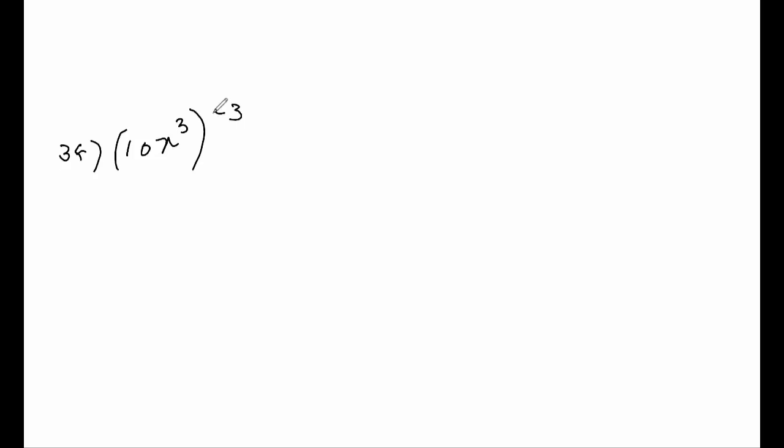Now here again, I'm going to use my negative exponent rule, and that will tell me that one way to look at it is 10 to the 3 x to the 3 times negative 3, and that'll give me 10 to the negative 3 x to the negative 9.